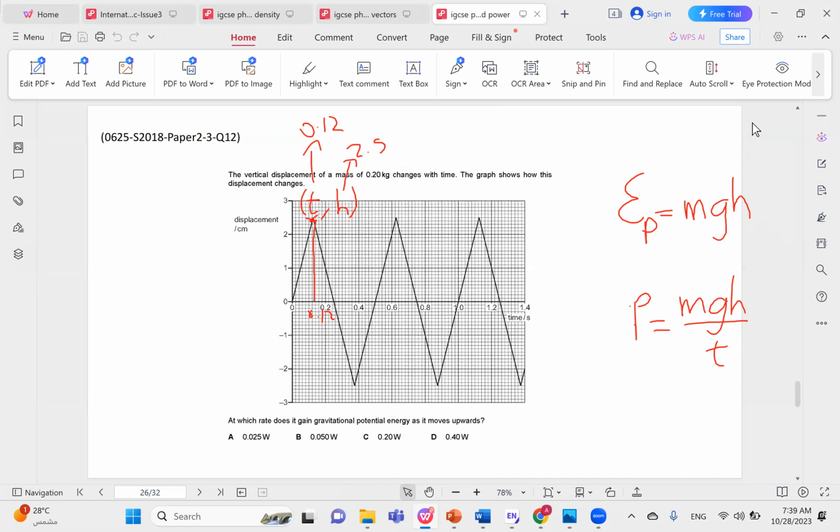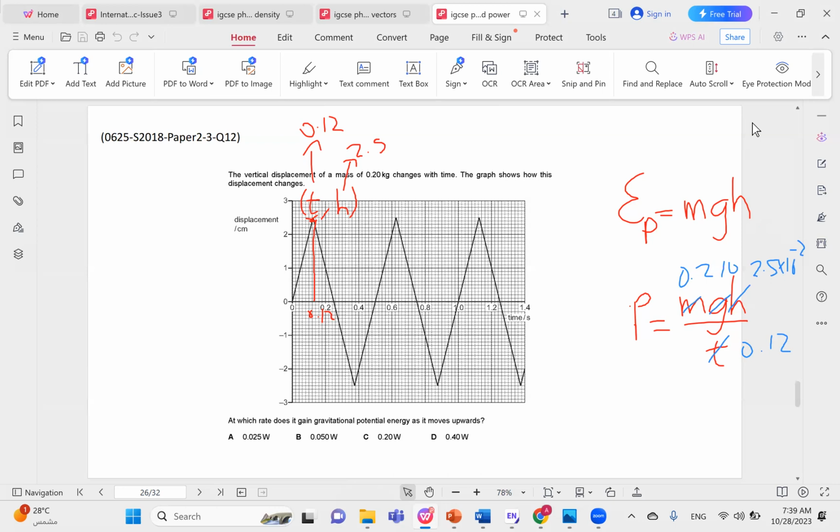Now the mass is 0.2, gravity is 10, height is 2.5 times 10 power negative 2 because we convert it to meters, and the time is 0.12. Then we use our calculators, so 0.2 times 10 times 2.5 divided by 100, or times 10 power negative 2.